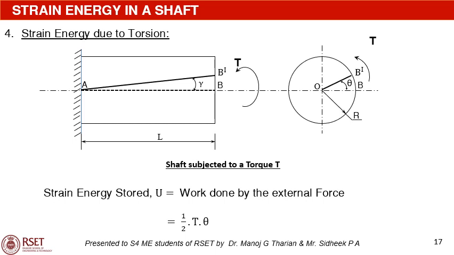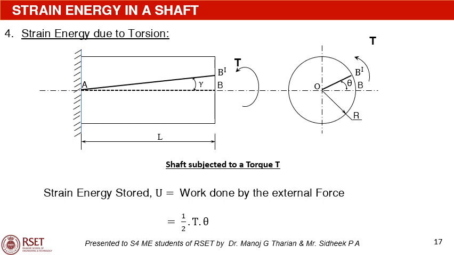Let AB be a generator of the shaft. The free end of the shaft twists with respect to the fixed end by an angle theta as a result of the applied torque T. After the twist, the point B will take a new position B dash. Gamma is the shear strain.